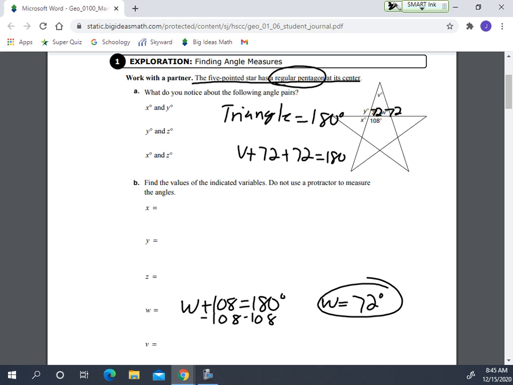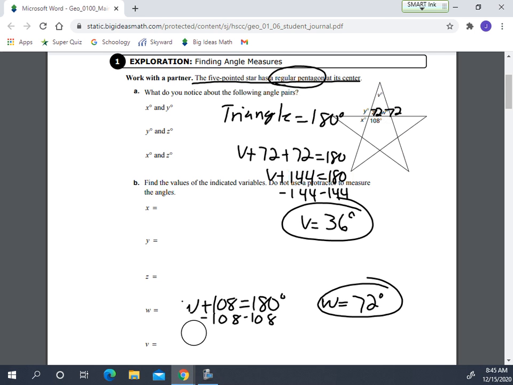If we add 72 plus 72, we get 144. Subtract 144, we get V is equal to 36. And that's how you find W and V.